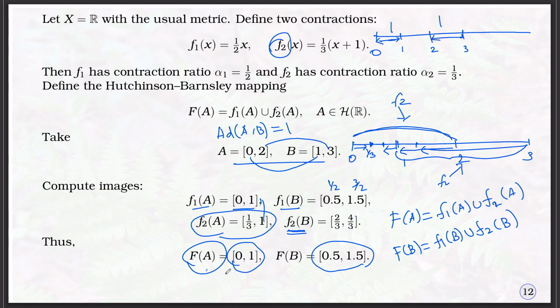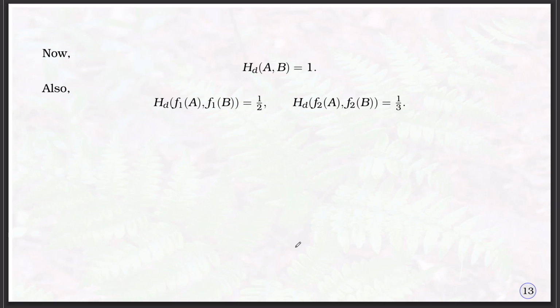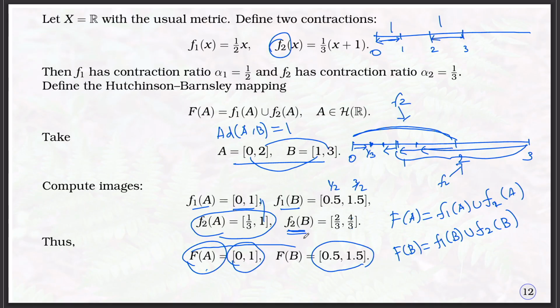Similarly, we need to find the Hausdorff distance between f of A and f of B. For that, let us first find the Hausdorff distance between f1 of A and f1 of B. f1 of A is 0 comma 1 and f1 of B is 0.5 to 1.5.